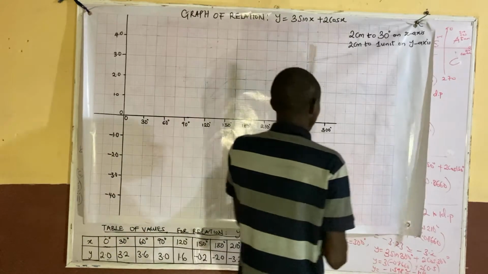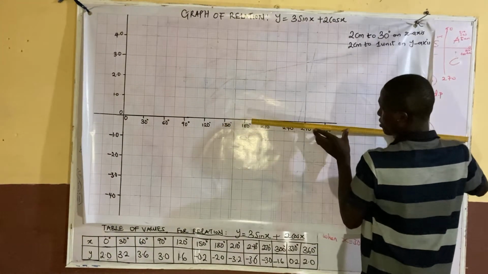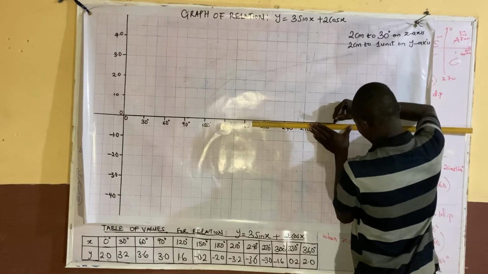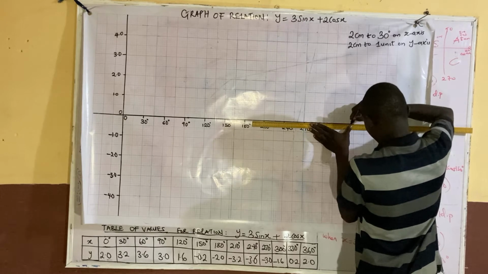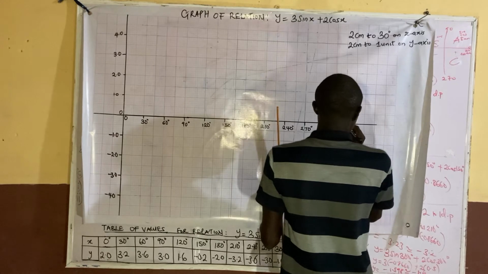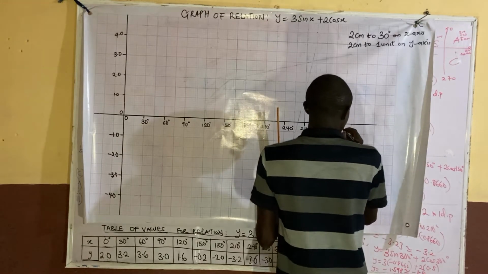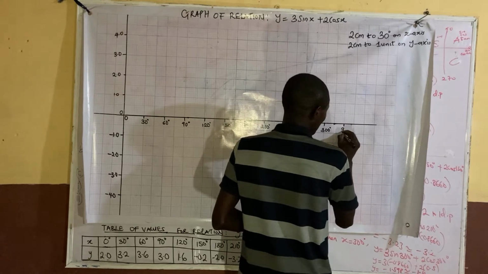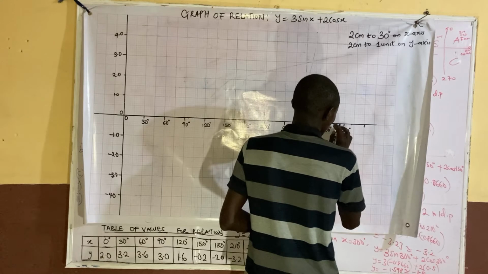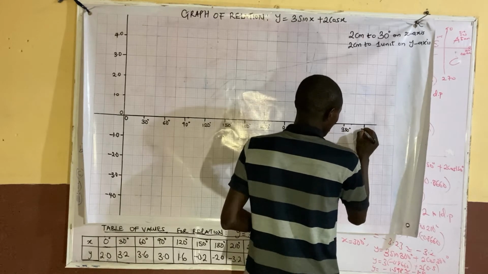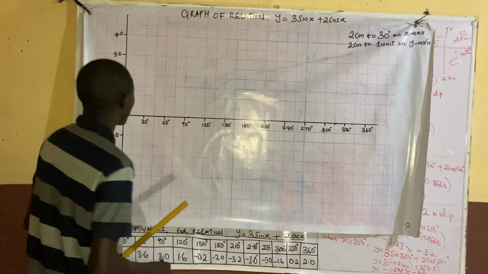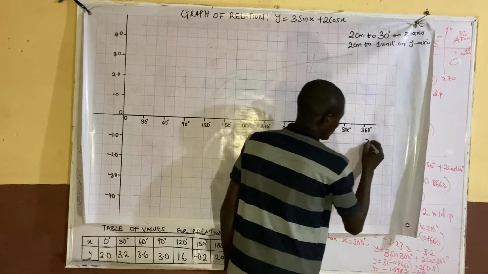So let's extend this. So we have 330 degrees. Then the last one is 360 degrees.